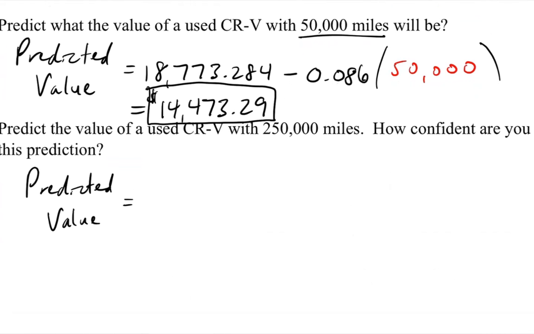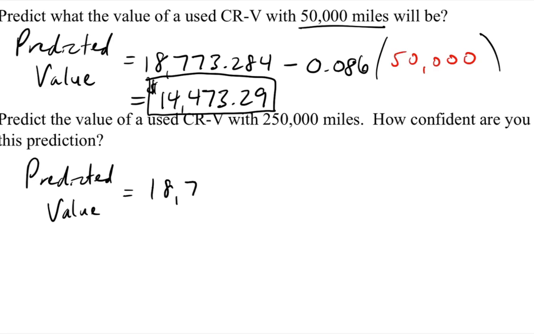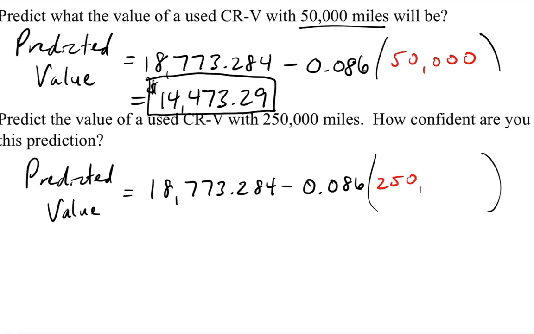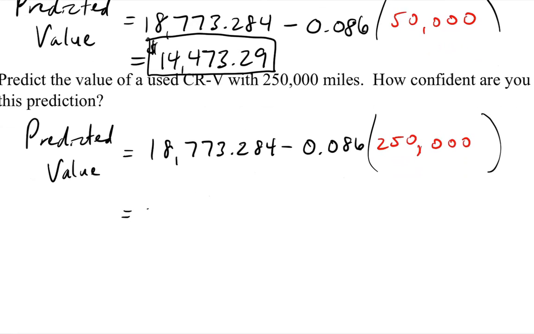So 18,773.284 minus, except this one is going to be big, 250,000. Did you also get a negative number? Yeah, it's going to be a negative number. It's going to be negative what? 2726, you said? Yeah. 76.